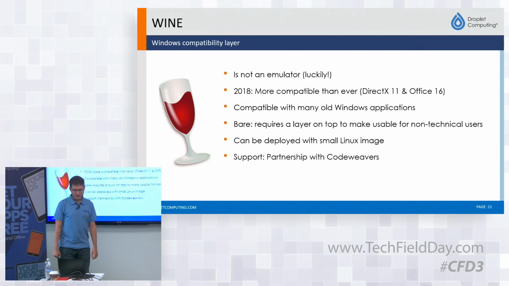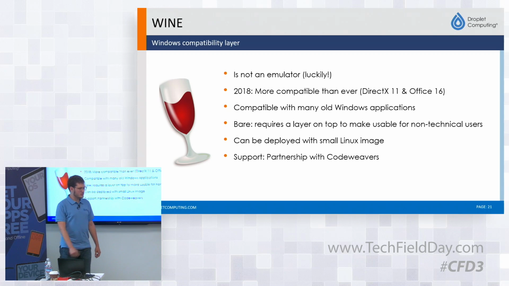Wine has a slightly bad reputation for not really working with many modern applications. But we think it has caught up quite a bit in recent years. In particular, we found that it can run modern Office suites, and it has the modern Windows APIs like DirectX 11.